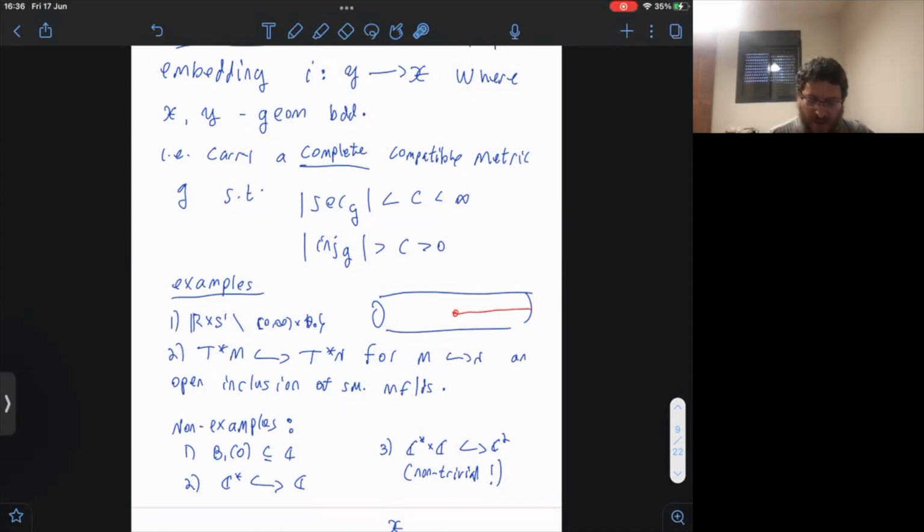Similarly, if you have an open inclusion of smooth manifolds, and you take the cotangent bundle of one into the other, then one can show that each one separately can be endowed with a geometrically bounded metric.